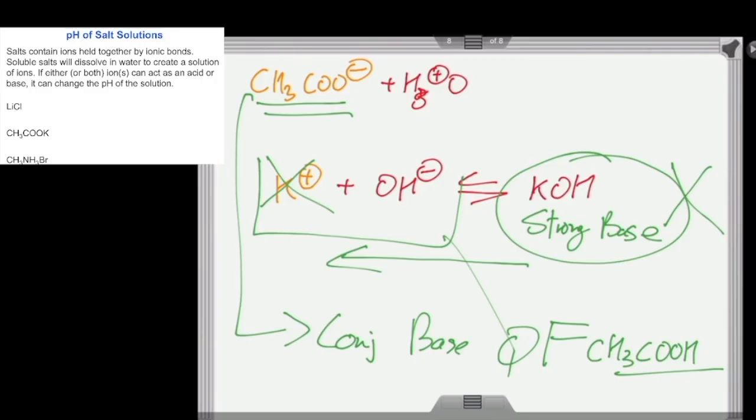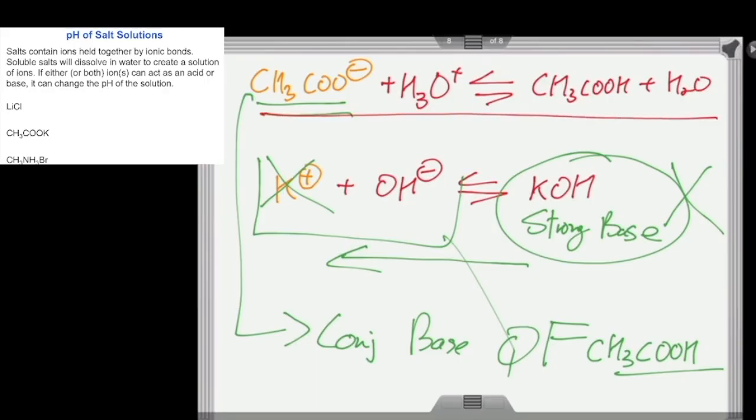Which means, if I take CH3COO minus and I add it to my not so crappily drawn hydronium ion, I have an equilibrium where I'm going to form CH3COOH and water, right? Does anybody recognize this equation here? Where have we seen that part today?